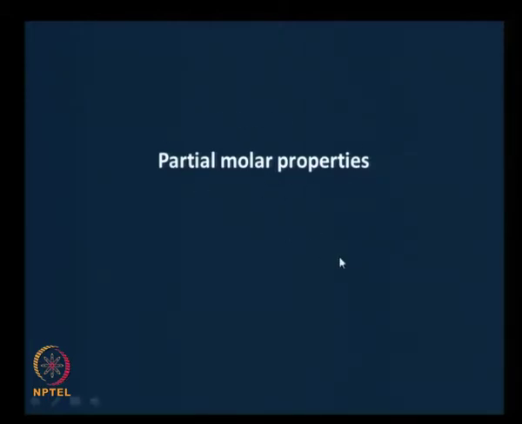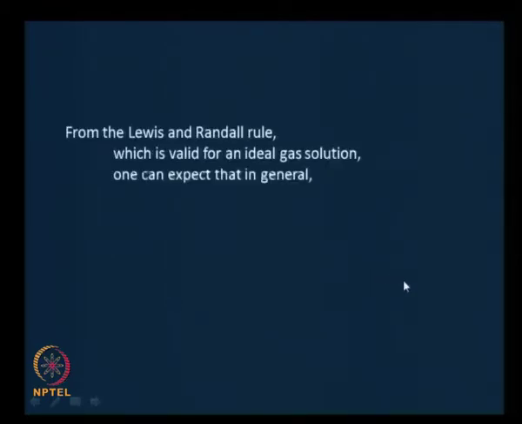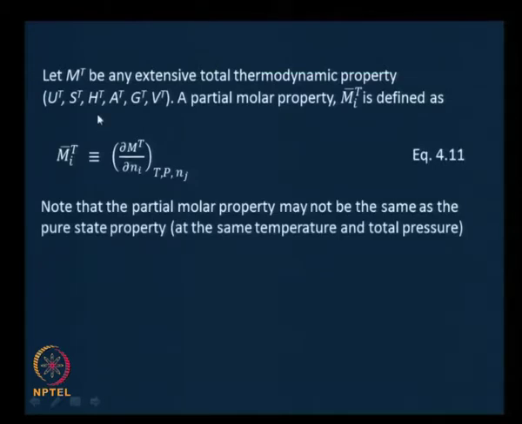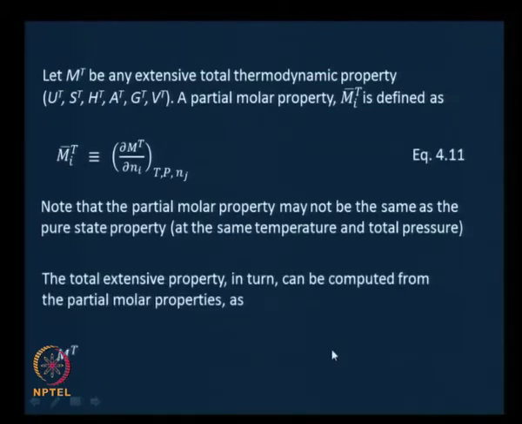to represent appropriate properties we need partial molar properties, which are defined as the partial derivative of M_t with respect to N_i at constant T, P and N_j. You could define partial molar properties for any of these, and our representation was M_i hash.